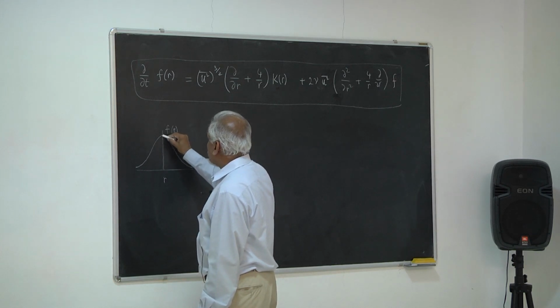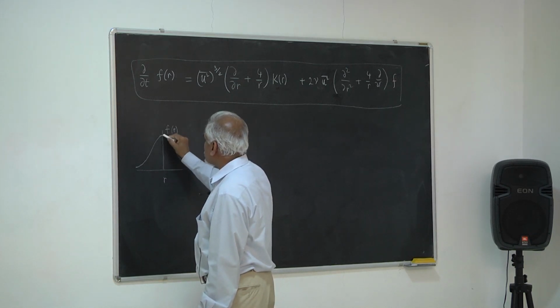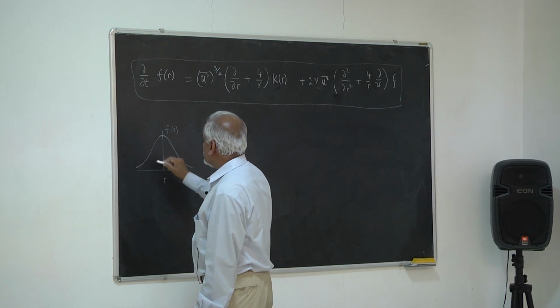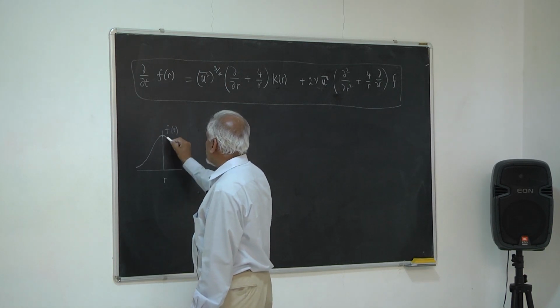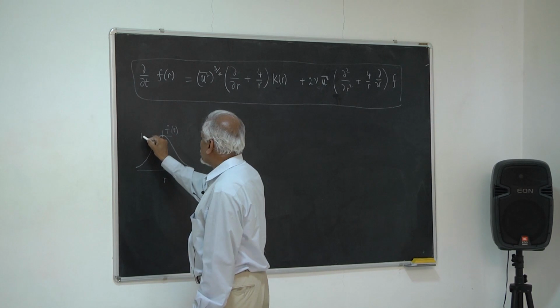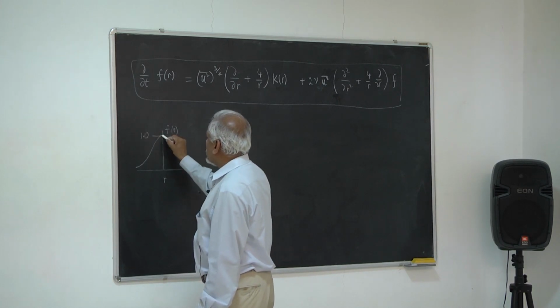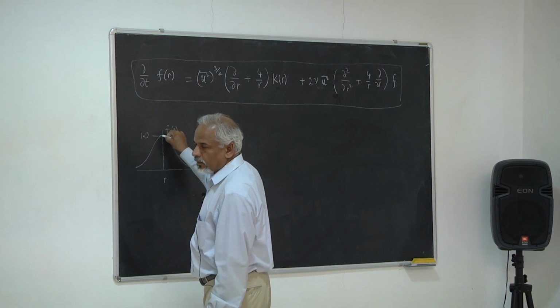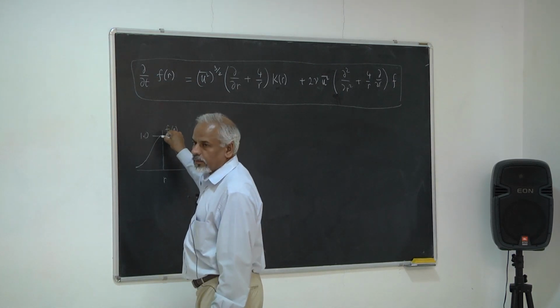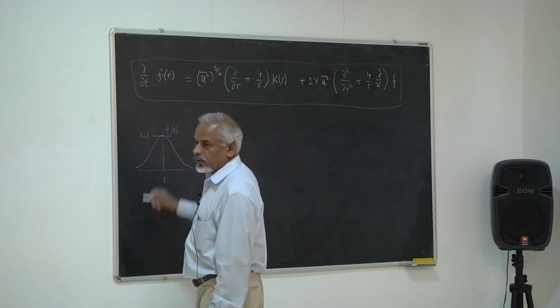And because of that, at r equal to 0, f is 1 here. And if you want to expand around 1, the next order term will be the r squared term, because of the symmetry.